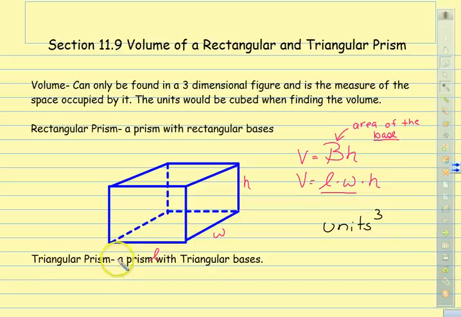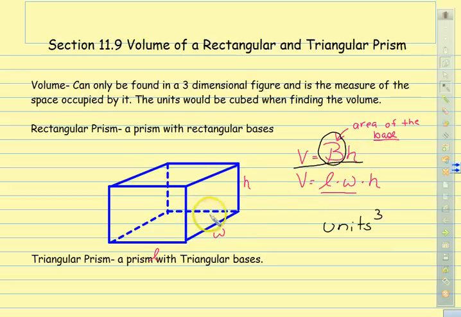The triangular prism is a prism with triangular bases, and we're going to see that on the next slide. The reason you see 2 formulas, they're actually the same formula, but this capital B stands for the area of the base. It's kind of a universal volume of a prism formula.